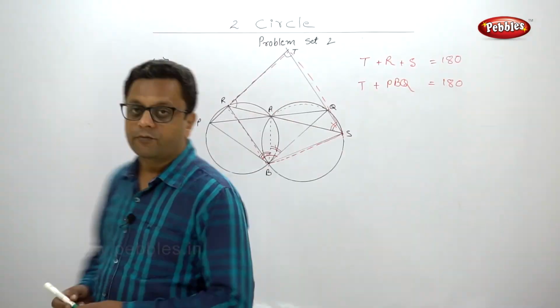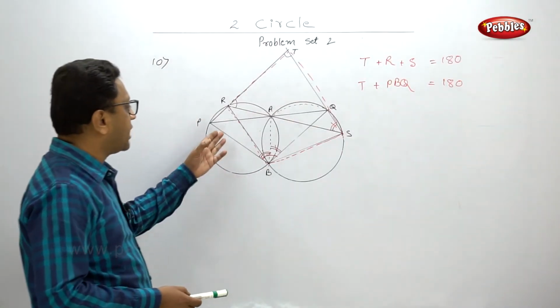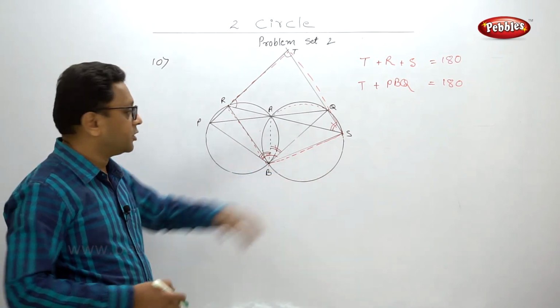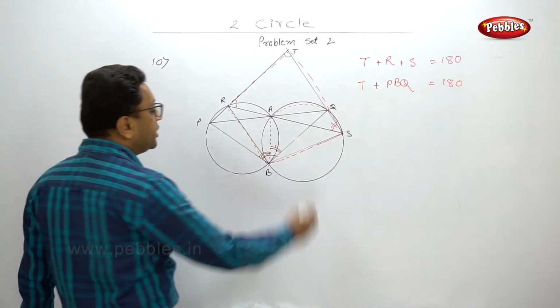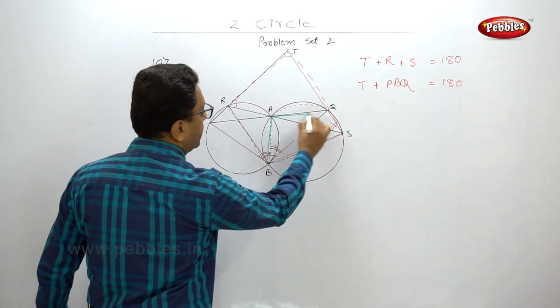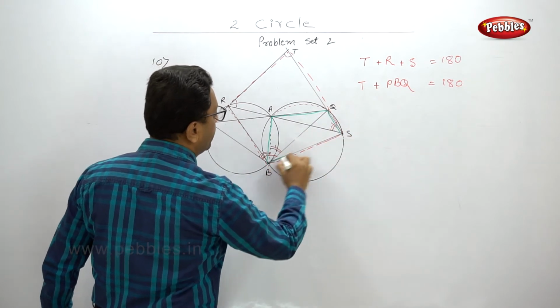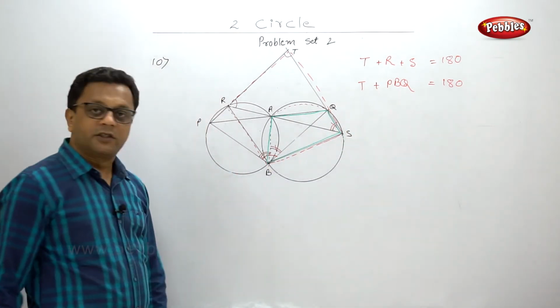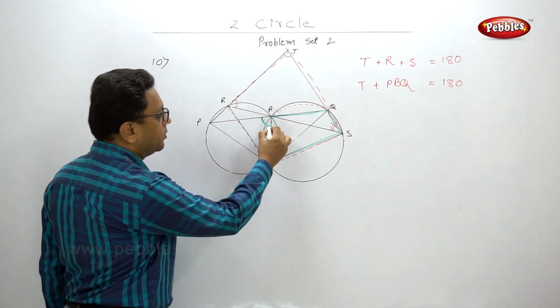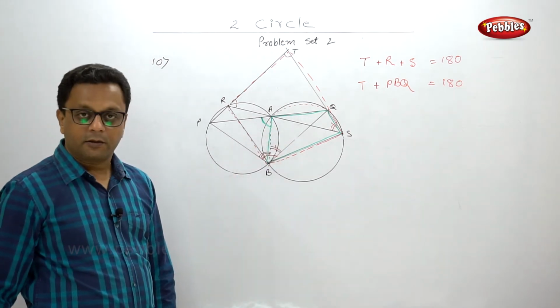Initially, first we consider that this is a cyclic quadrilateral. That means in this cyclic quadrilateral, I am drawing it again so that it will be clear, otherwise the figure is very complicated. This is the cyclic quadrilateral and this is the external angle. Correct?